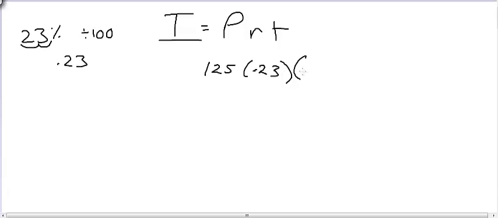Now, as I said, time, since we're not talking about a full year, we spent 34 days. We're considering 34 days for this particular loan out of a 365-day year. Now I have my setup. So now to determine the amount of interest, I multiply my three numbers together.